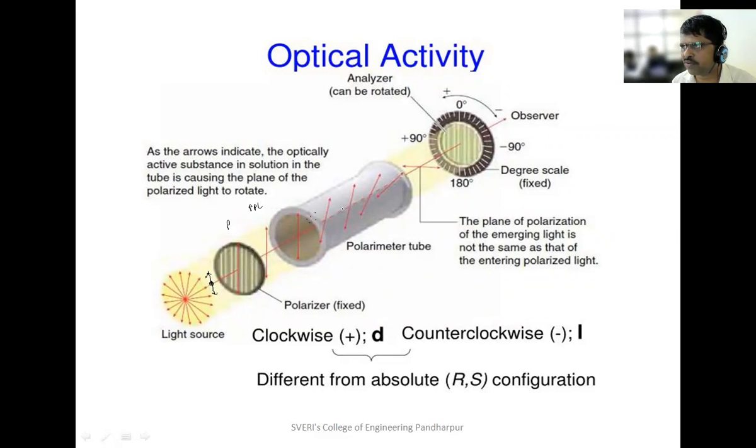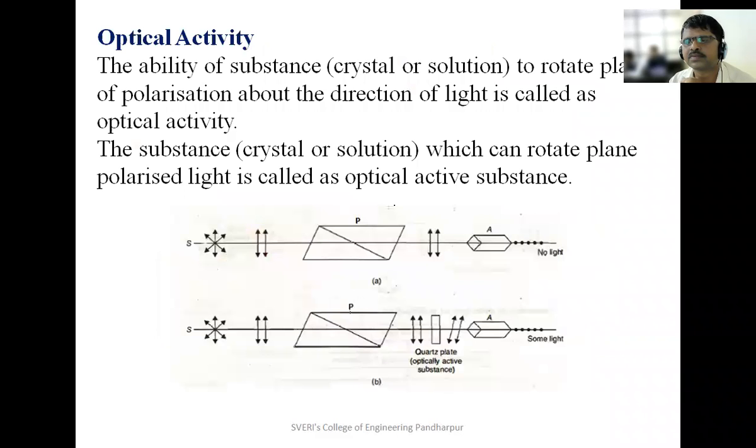This property is called optical activity. There are two types of optical active substances: dextrorotatory and levorotatory.